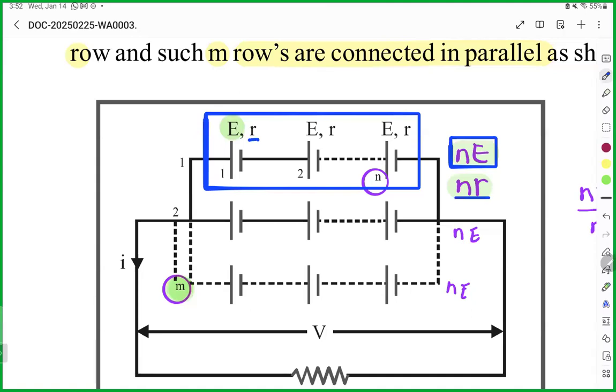Sarah, if you take parallel, each row has this potential NE and each row has resistance NR. What will be the total potential in case of parallel?